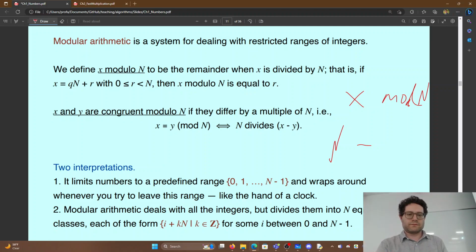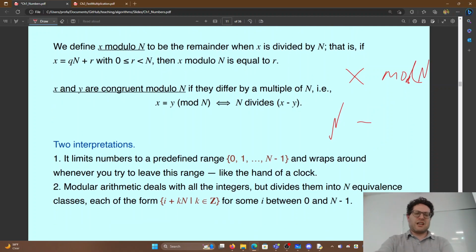That is, x is equal to qn plus r, meaning that we have some number that if we multiply it by n and add the remainder in, then x modulo n would be equal to that remainder. Or rather, if we subtract that remainder, it'd be 0.